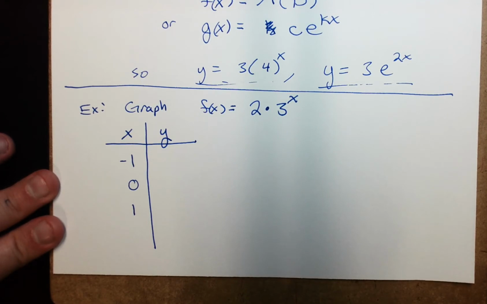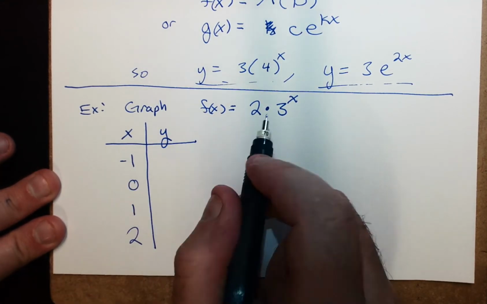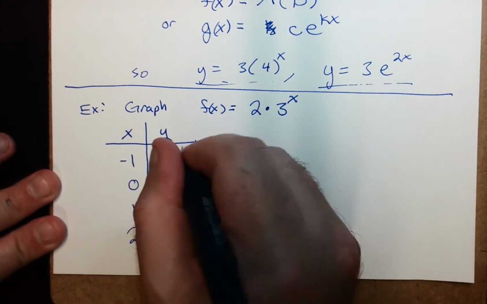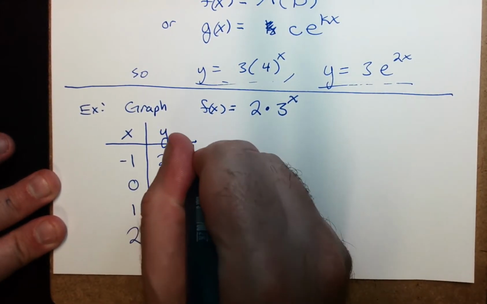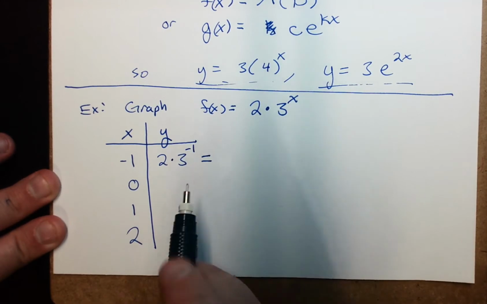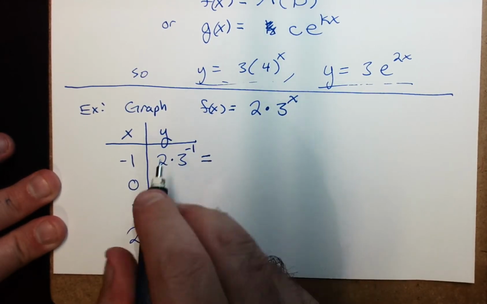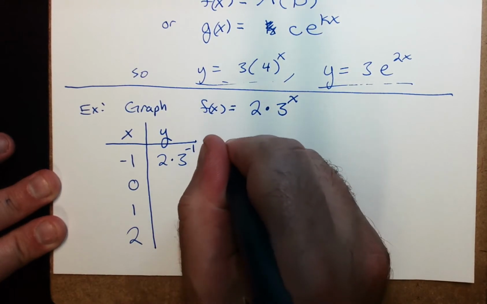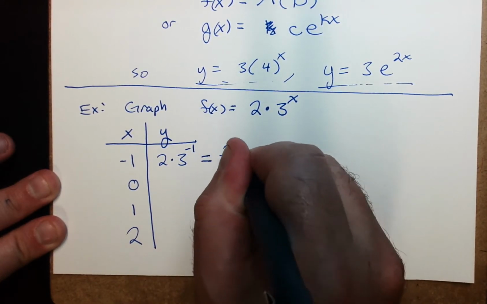It's really easy. If you make a table of values, you honestly don't need to pick a lot of values. Just pick maybe -1, 0, and 1 for your x values. That's already going to give you a good enough graph. I'll go up to 2 just so you can see, but this is going to give you a pretty good graph already.